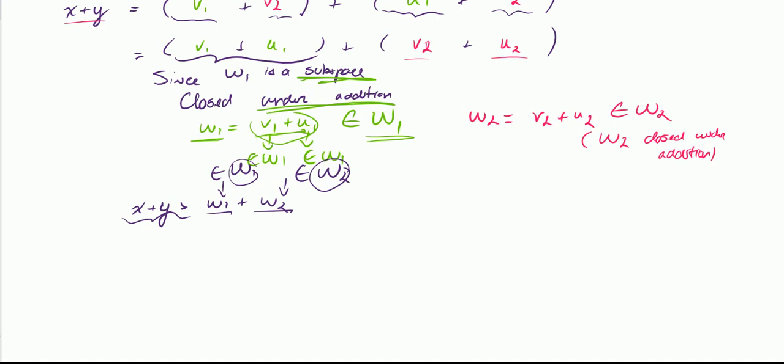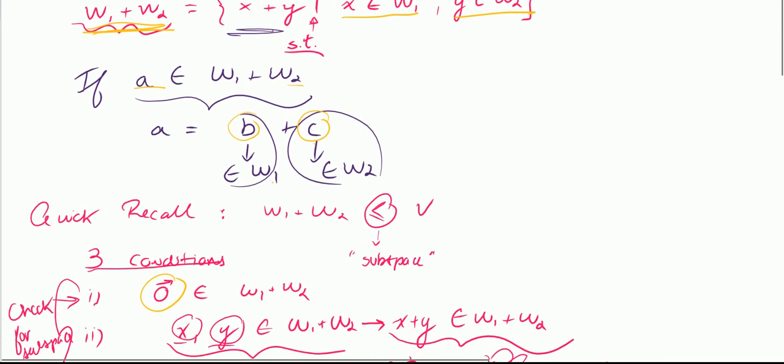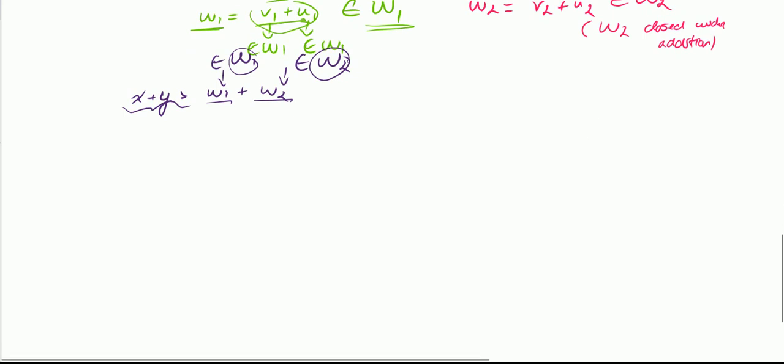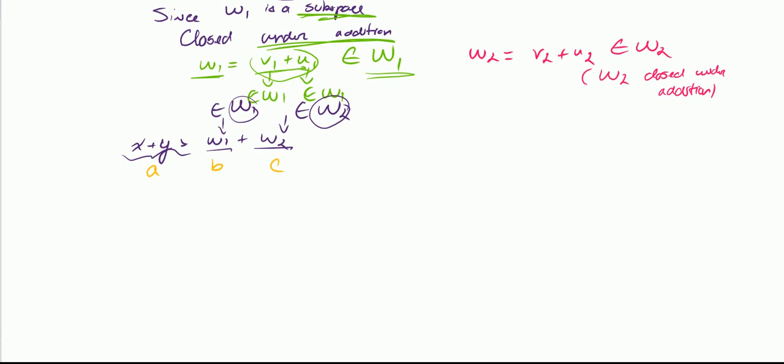So if you want to go back to the definition I gave over here, where I had A is equal to B plus C, where B belongs to W1 and C belongs to W2, then it's pretty much the same thing. It's just that x plus y is A, then w1 is B, and w2 is C. So A is equal to B plus C, where B belongs to W1 and C belongs to W2.